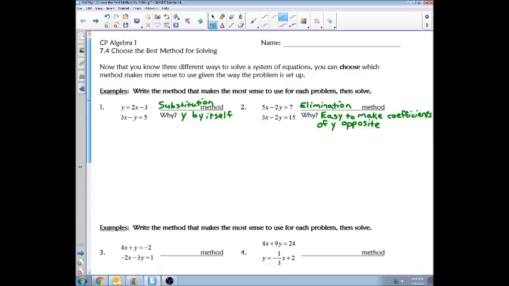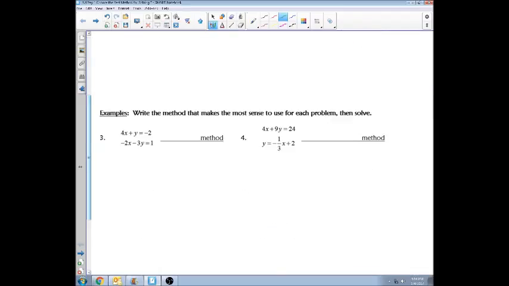Okay. On to example 3, I have 4x plus y equals negative 2. I have negative 2x minus 3y equals 1. In this situation, it would be easy to get y by itself in that first equation, or it would be easy to make the coefficients of x opposite. So really, substitution or elimination would be just as easy as one another. I personally like elimination better. It gets rid of one of my variables right away without me having to plug anything in.